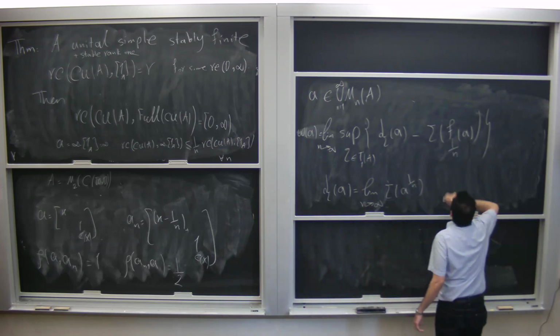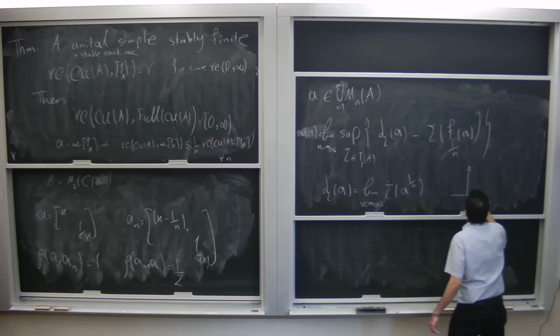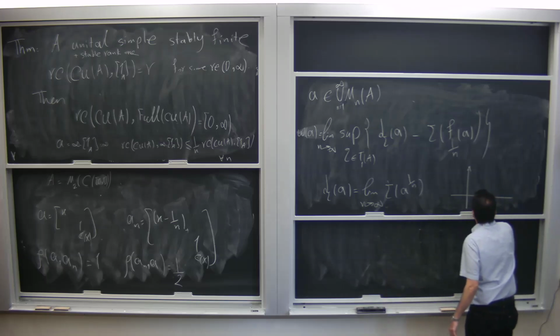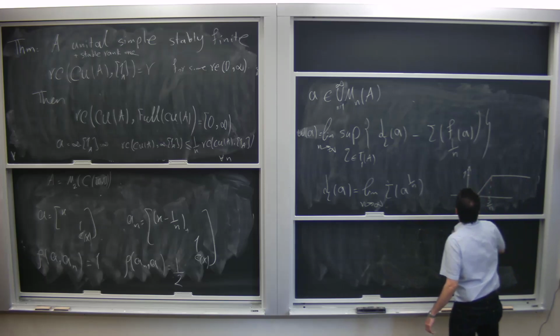And what is this function f with 1 over n? It's just this function. Here you have 1 over n, here I think 2n, and here you have this function, and here you have 1.